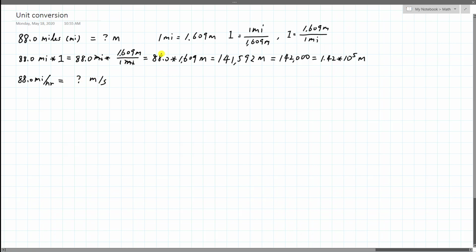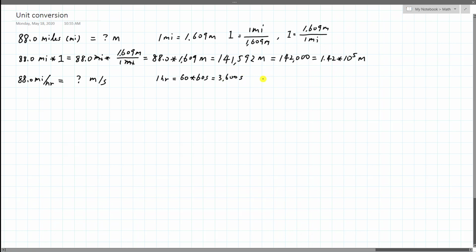And of course I know the mile, and I also know 1 hour is 60 times 60, right? 60 seconds per minute, 60 minutes per hour, so I have 3,600 seconds for each hour. So 1 hour, 3,600 seconds, they're exactly equivalent.